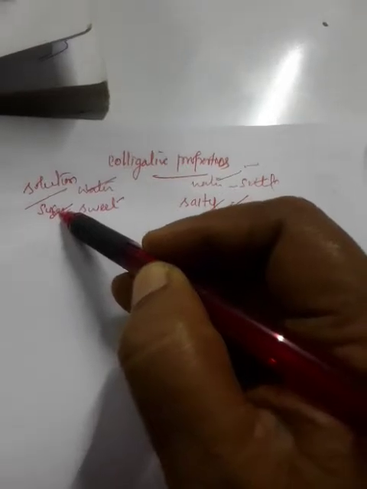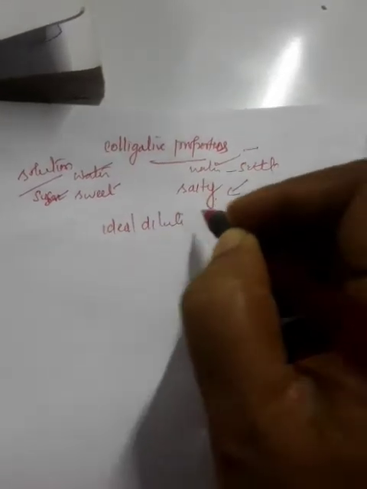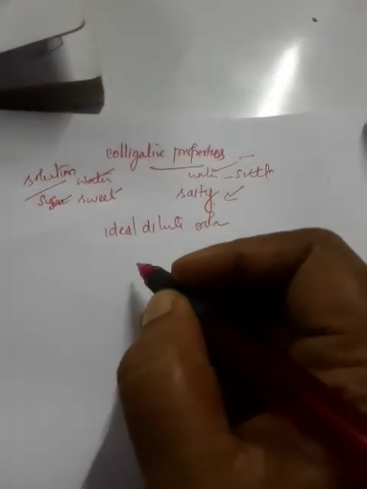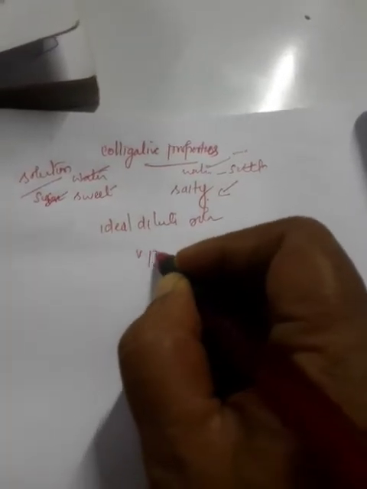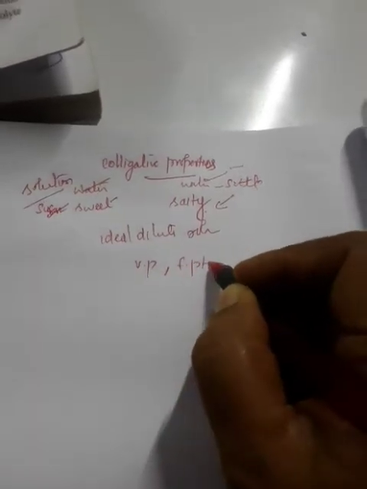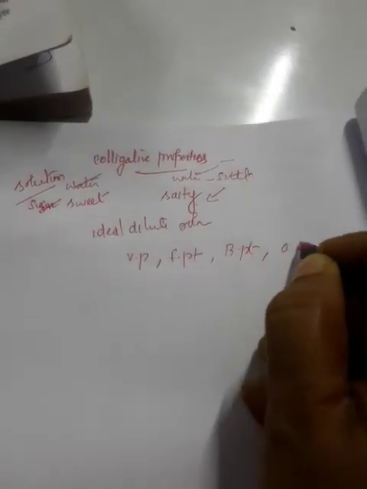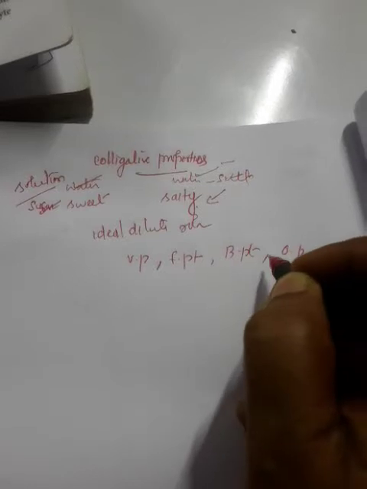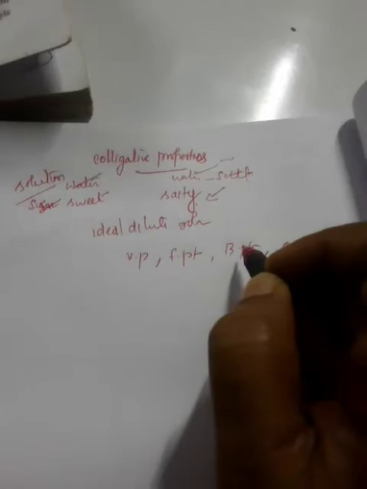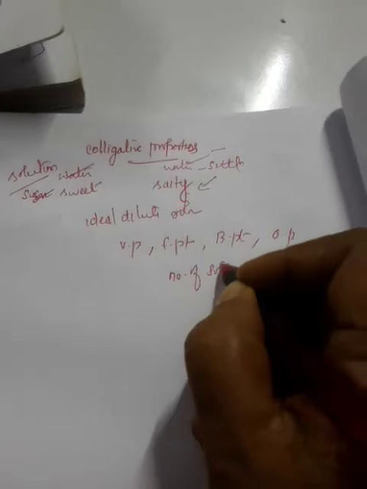But for an ideal dilute solution, the properties, namely relative lowering of vapor pressure, depression of freezing point, elevation of boiling point, osmotic pressure, do not depend on the chemical nature of the solute, but depend on the number of solute particles.